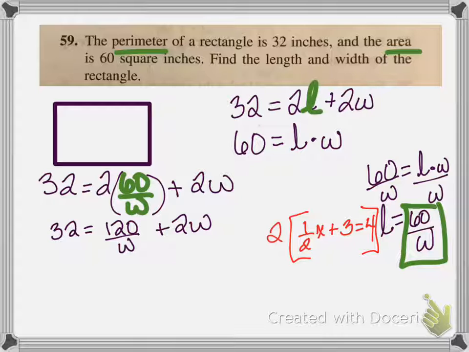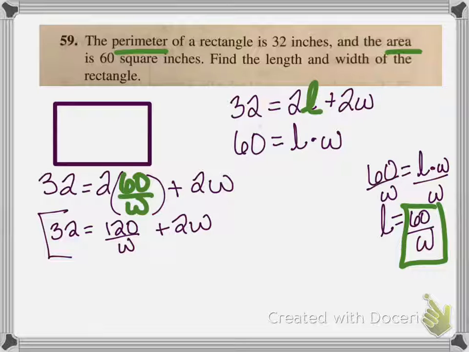Okay, and when I multiplied everything by 2, that would eliminate my fraction. What is in the denominator in this equation? I heard it. W. W is what's in it. So I'm going to multiply everything here by W.